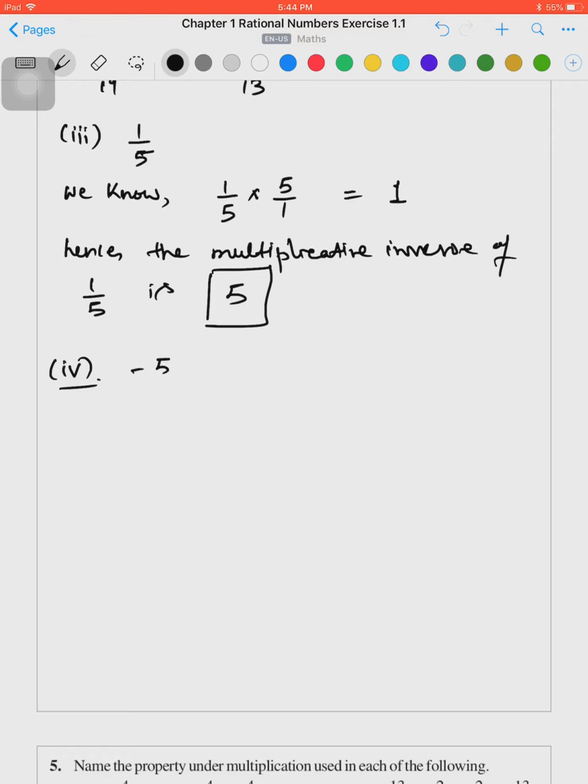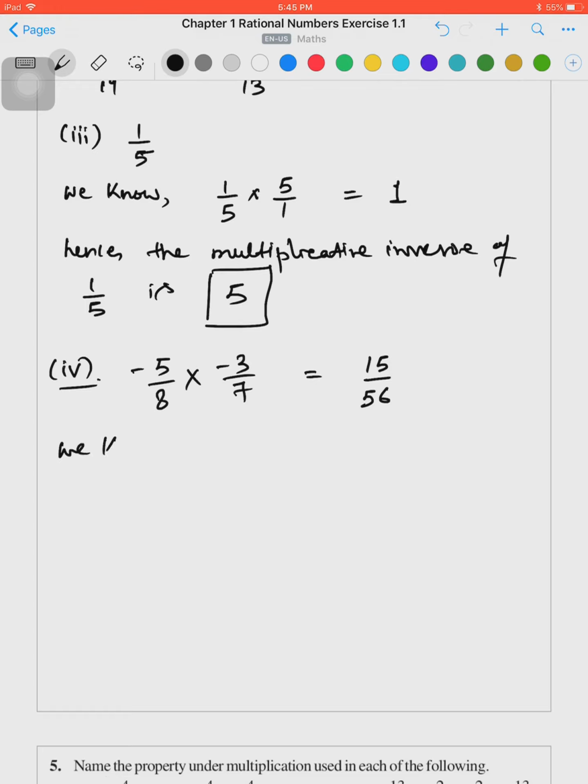Next number is minus 5 by 8 multiplied to minus 3 by 7. So first we have to solve or simplify this. This minus 5 by 8 into minus 3 by 7 will result into, minus minus will become plus, 3 into 5 is 15, and 8 into 7 is 56. So the number will become 15 by 56.